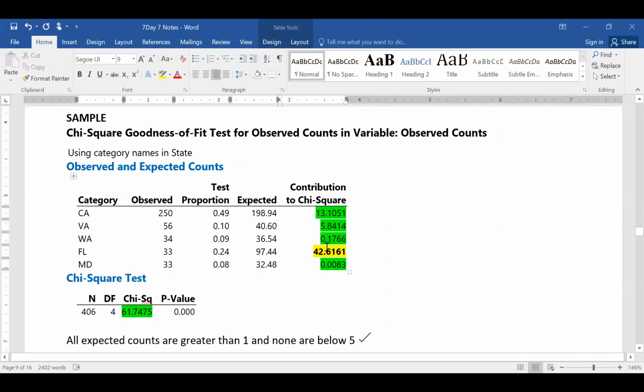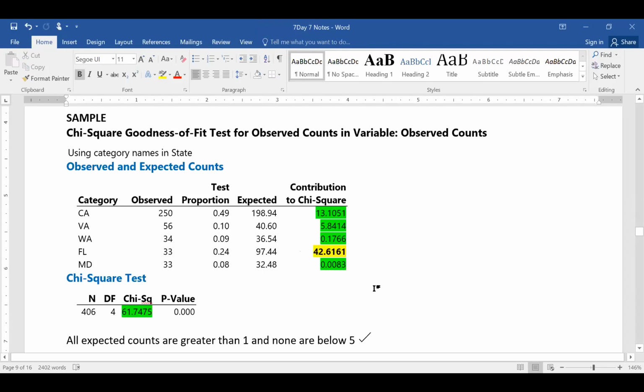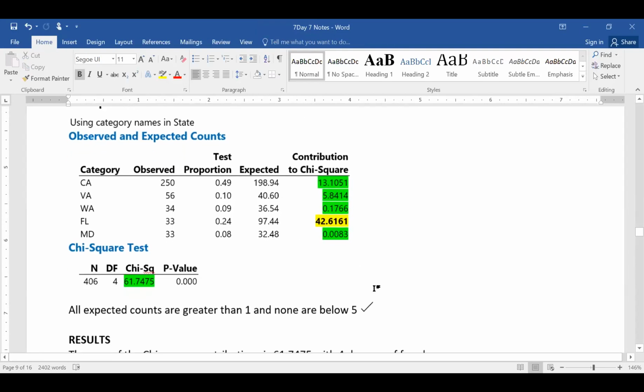I can actually highlight these, right? See, I sent that to Word. If you had a picture, it would just be one picture here. The bad part is I can't really resize things easily. I mean, you can a little bit, but it gets distorted. But I can highlight things, okay? And you can see I highlighted things here, and we'll talk about that in just a second when we need these numbers. Okay, so there's that.